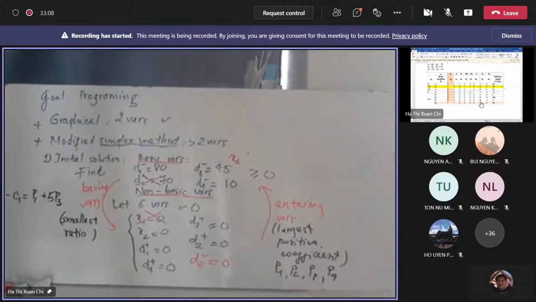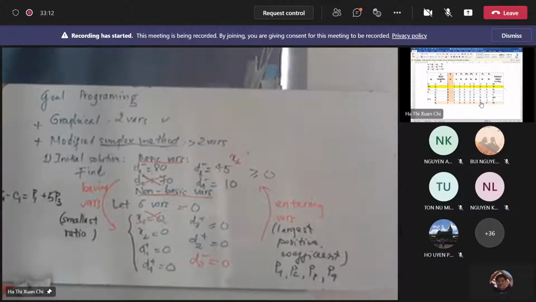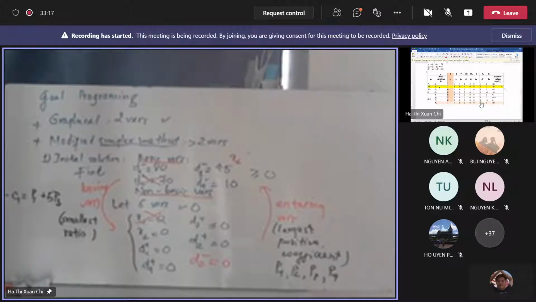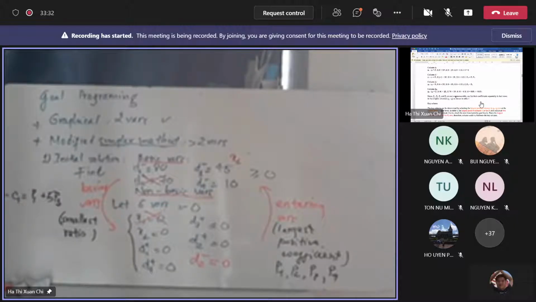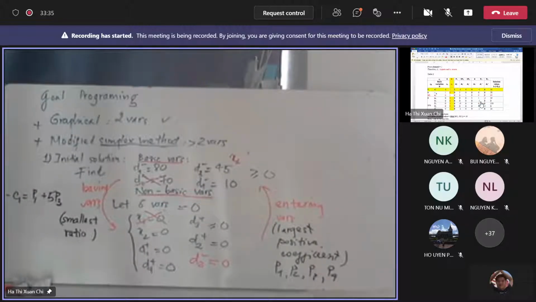So right now, x1 becomes the basic variable. So x1 must follow the rule. It means the intersection here, x1 must be equal to 1 and the rest must be equal to 0.